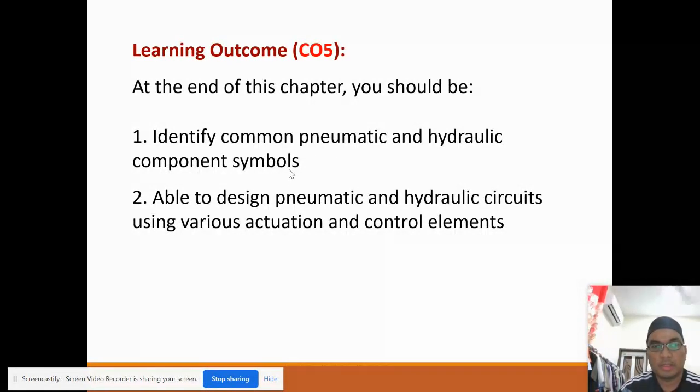Graphically it can be translated into a symbolic diagram, so you should know what kind of symbol refers to pneumatic and what kind refers to hydraulics. Secondly, you are able to design pneumatic and hydraulic circuits using the various actuator and control elements. After I introduce the simulation method, you should be able to design both systems in that software.